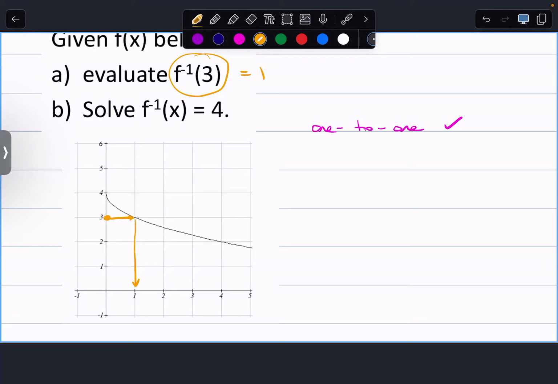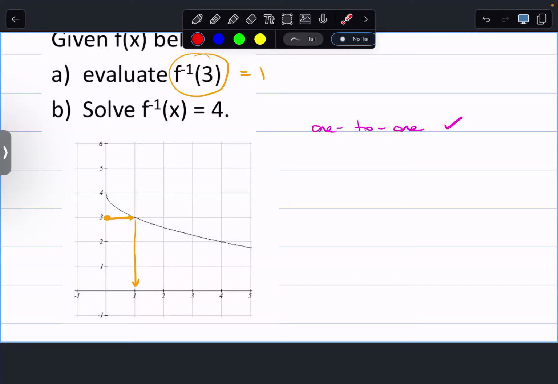So it's working backwards. When you want to find the input, now the input of the inverse is on the y-axis. And so we want to find the input that generates an output of 4.